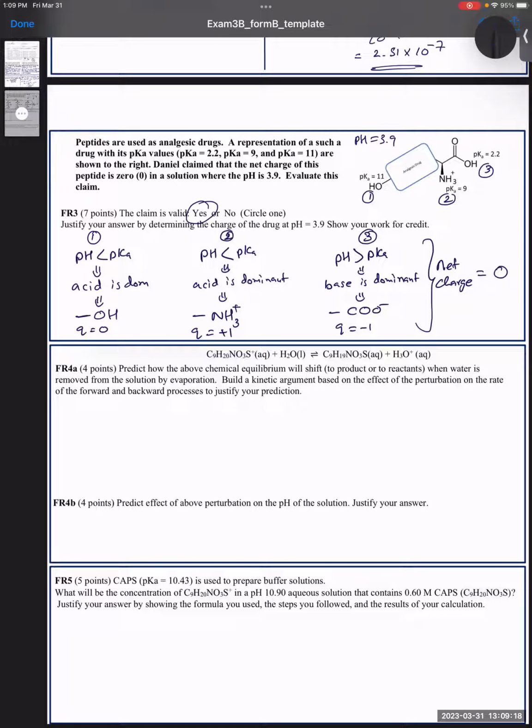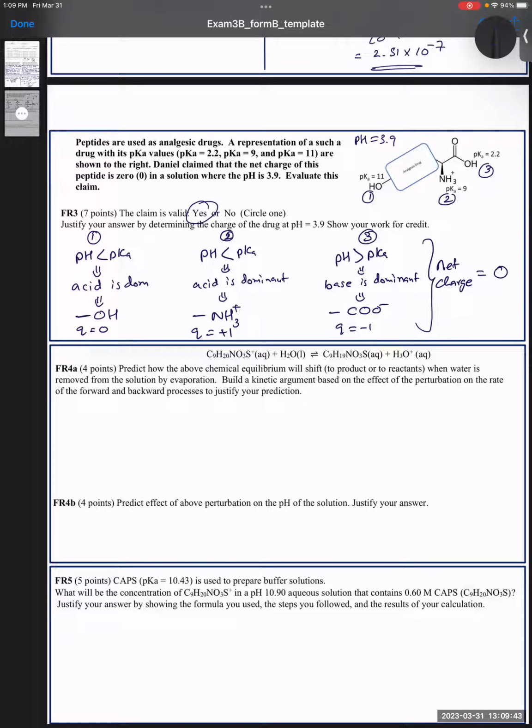Okay, moving on to question 4. Predict how the above chemical equilibrium will shift to products or reactants when water is removed from the solution by evaporation. Okay, you're evaporating water. Build a kinetic argument based on the effect of the perturbation on the rate of the forward and the backward processes to justify your prediction.